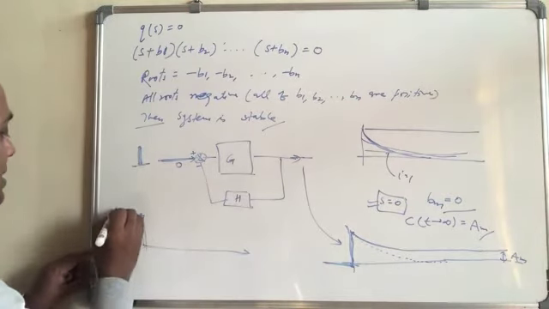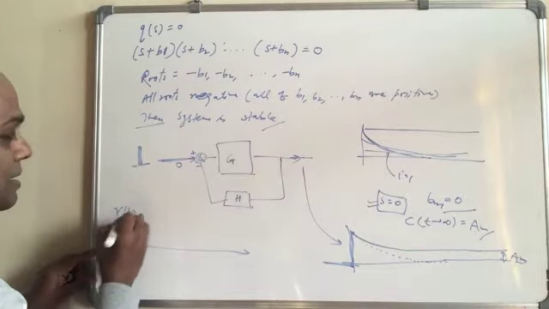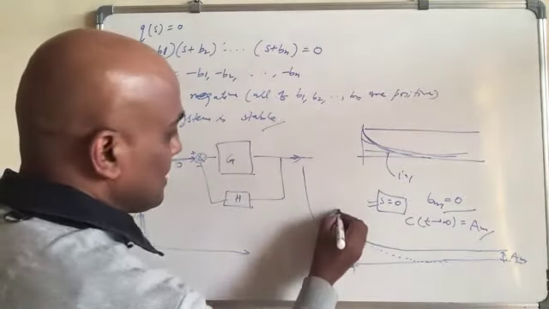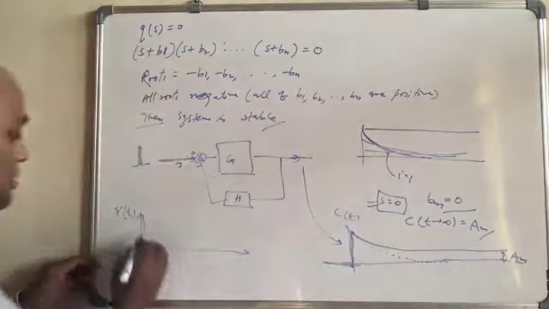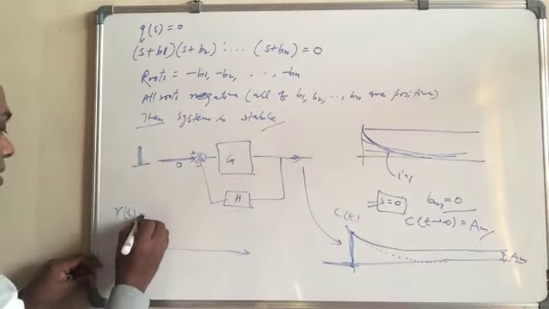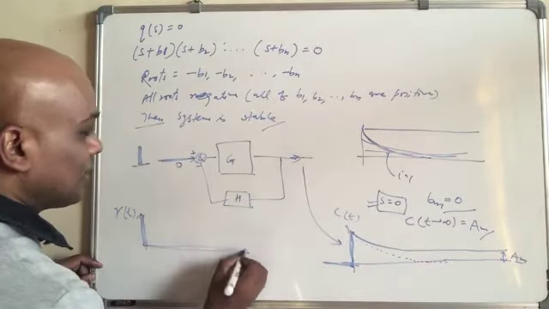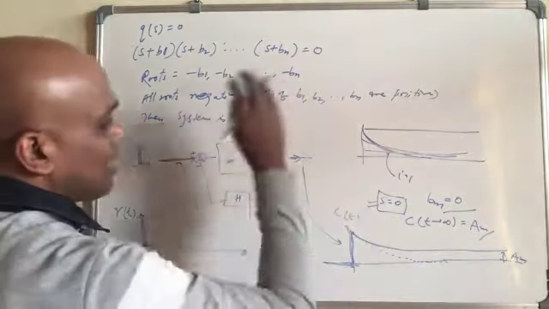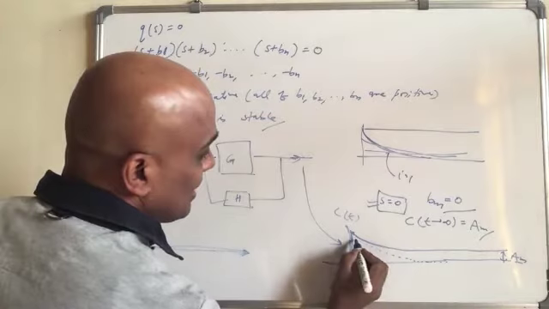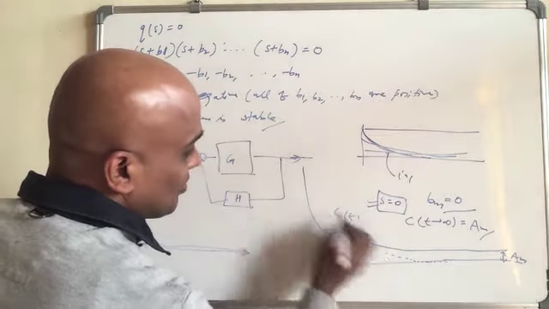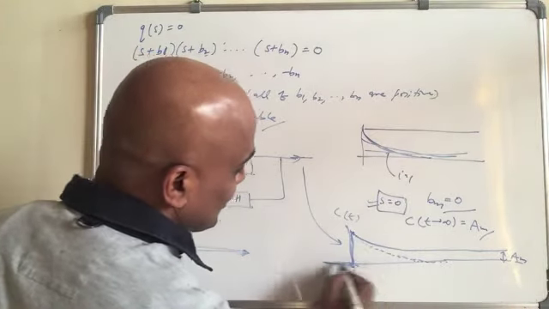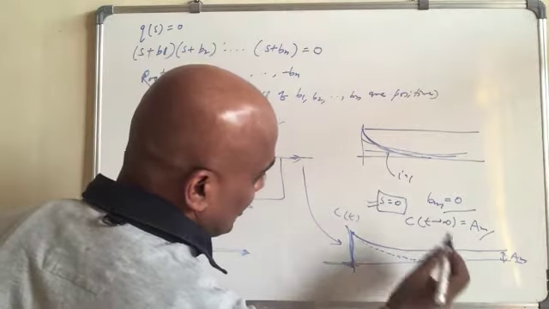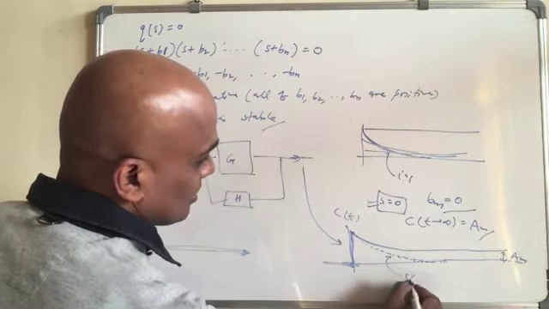So this one is r(t), this is c(t). We gave a unit impulse here, and here what we see, if all roots are negative, then it will be disturbed, go here, output, and then finally settle to 0. So it starts from 0, finally comes to 0 only. So this is stable.